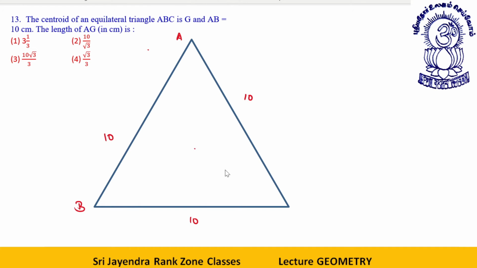The length of AG is, dear student, this is very easy actually. If this is the centroid, if I join this to this, this is R, this is G. AG is equal to R. R we know is A by root 3. A by root 3 means 10 by root 3. Very easily you get your answer. Okay, dear students.